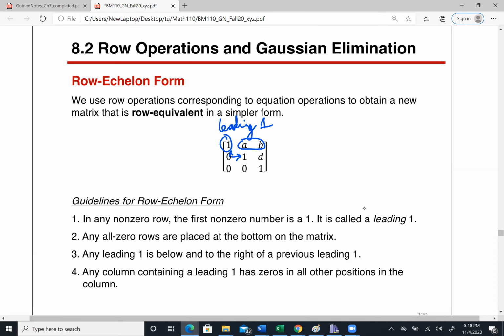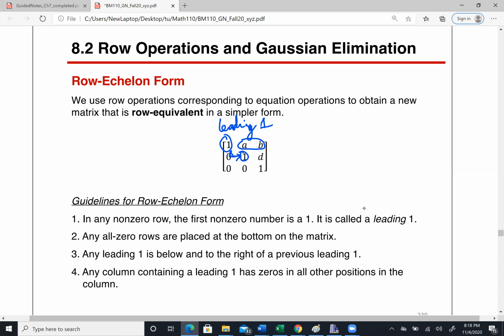If this one is below the first leading one, then I have to go one right to that. Okay. Now let's move to number four.